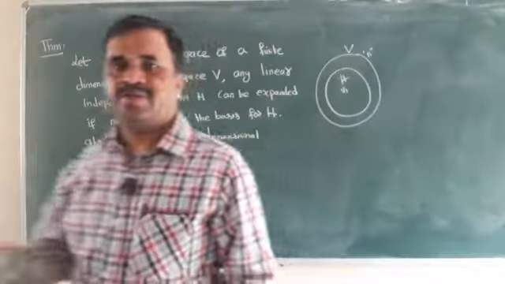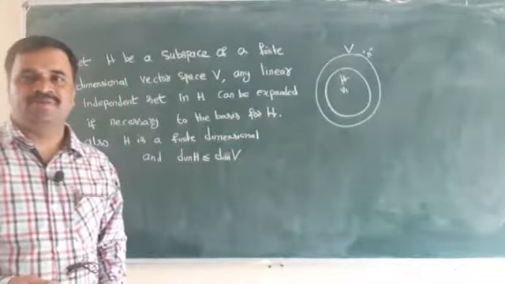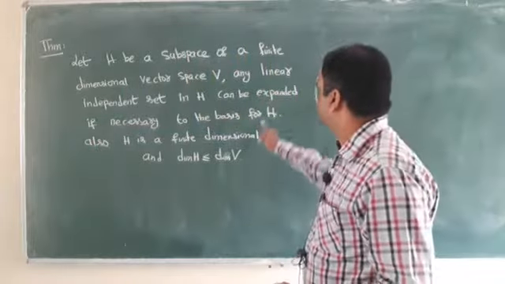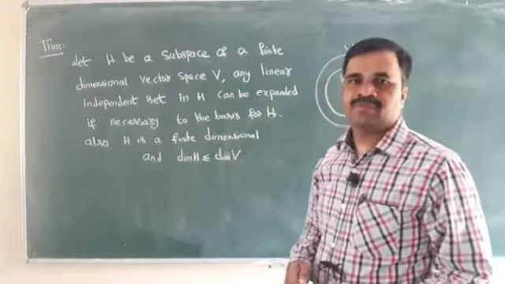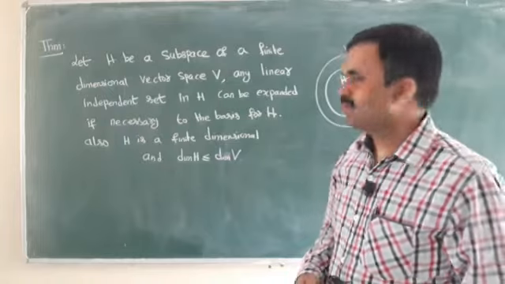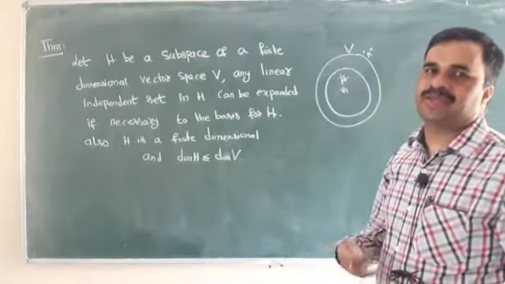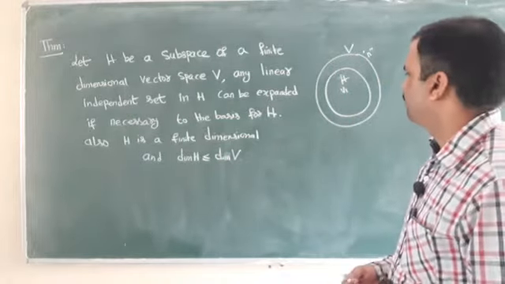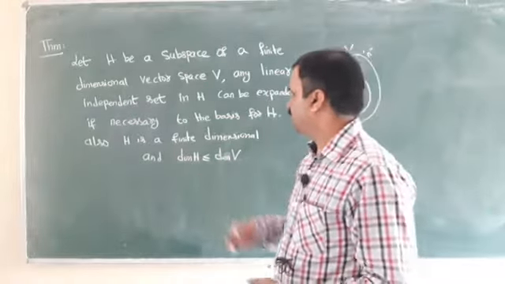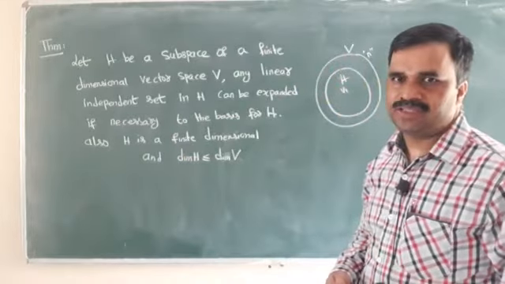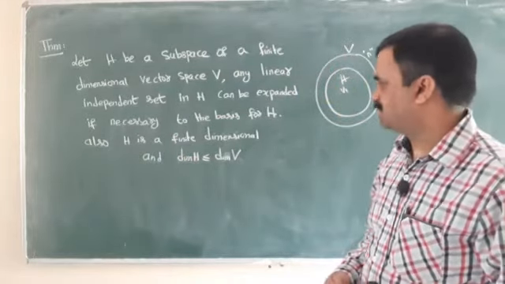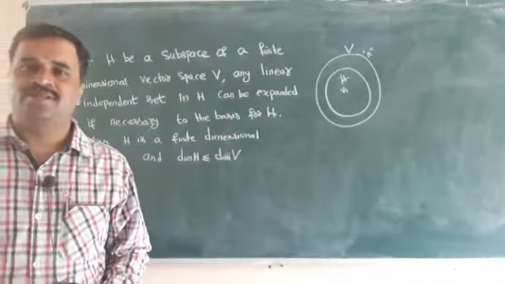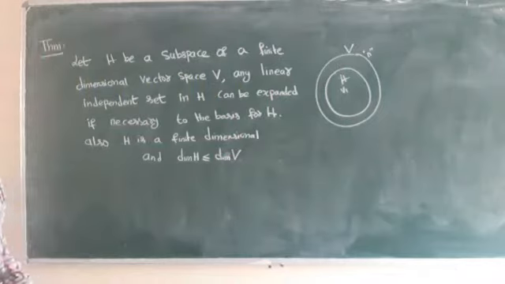If you have one vector, we can expand it, if necessary, to a basis for H. If we add some vectors, H has a basis. Also, H is finite dimensional. And now we have to prove dimension of H is less than or equal to dimension of V.